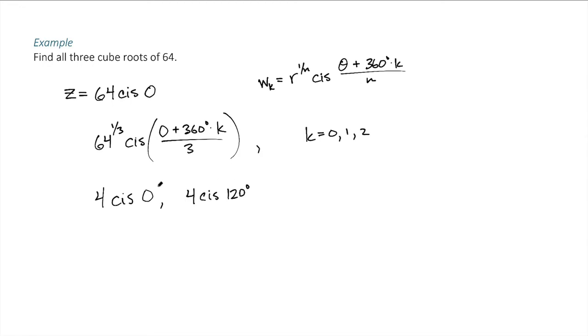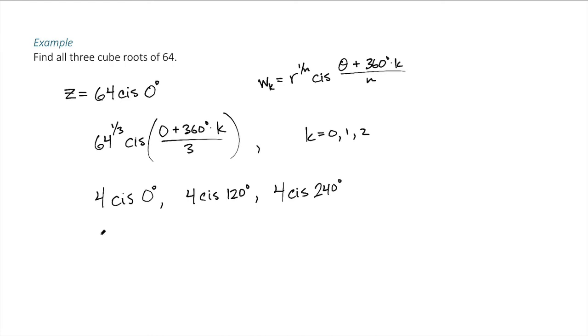I guess I should be writing degrees here, huh? Since we're using degrees in this formula. And then finally plugging 2 in, we get 4 cis of 360 over 3 is 120 times 2 is 240. And then we just need to evaluate these.